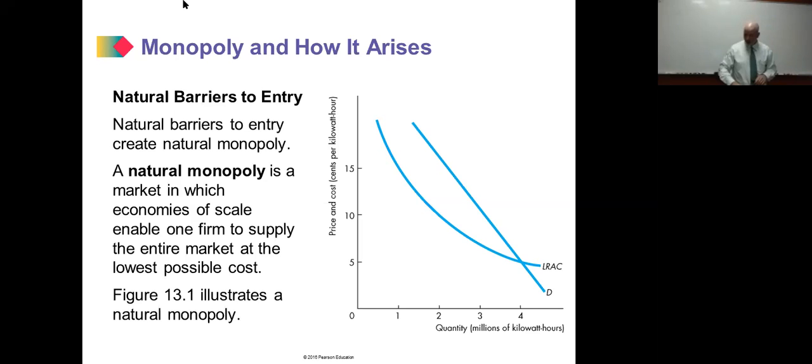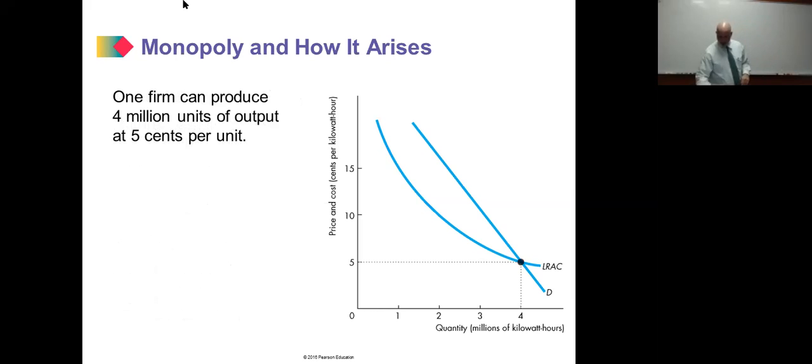Here we have a natural monopoly. One firm is able to distribute 4 million kilowatts. So the demand where it's intersecting here, one firm is able to create 4 million units of output.